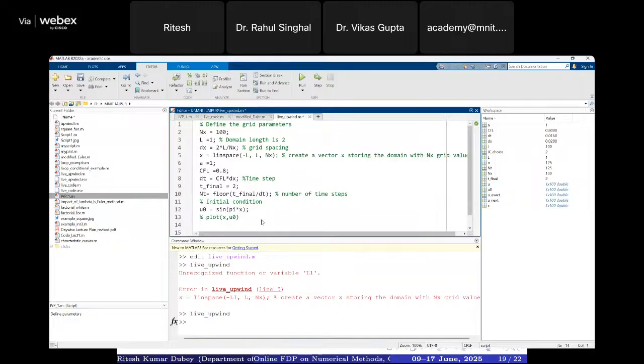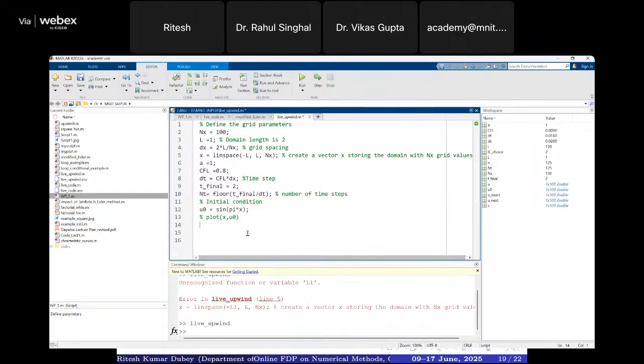So the initial condition is stored in the vector u0, and I can initialize the solution. So u0 is our u at time t equal to 0, and we need to create some vector which can store the value at the next time level.